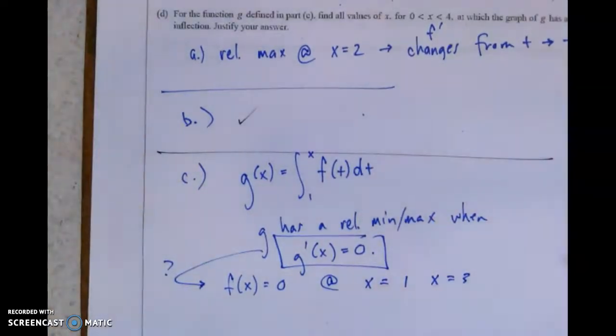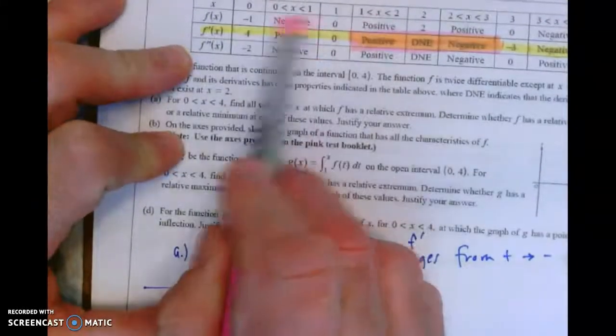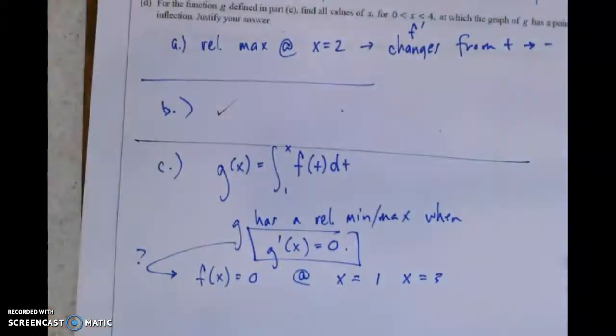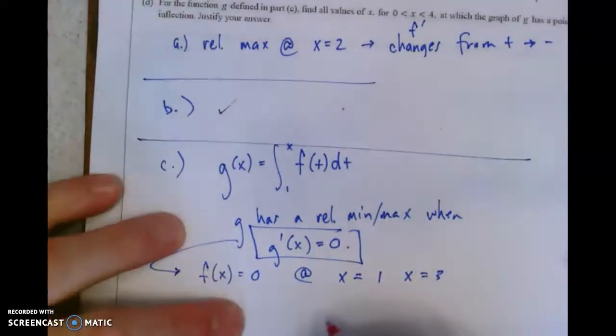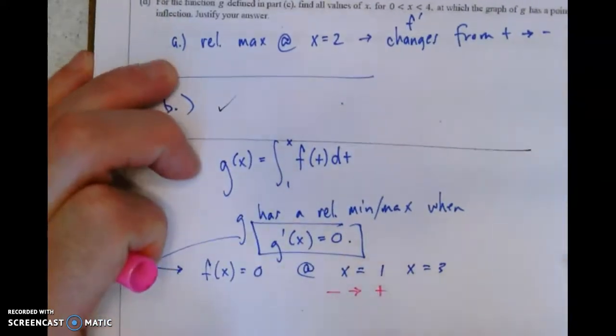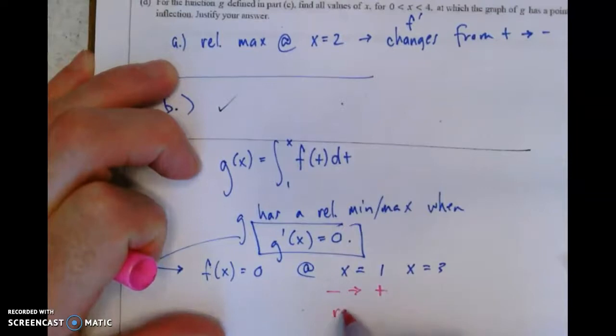We then need to look at those values and say, all right, at which of those values does this go from positive to negative or negative to positive? For x equals 1, when we're talking about our f values, it goes from negative to positive, which means we're going down and then going up. This is a relative minimum.